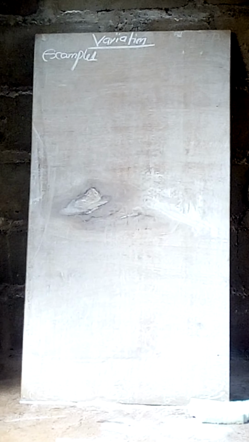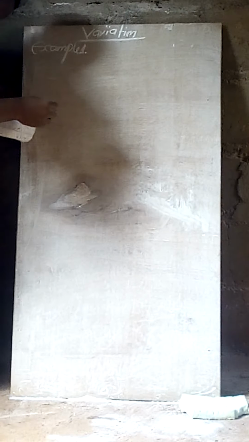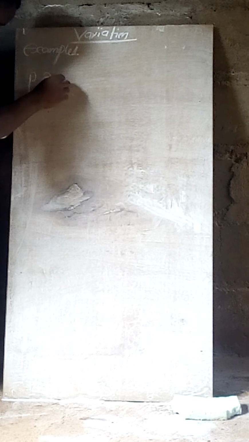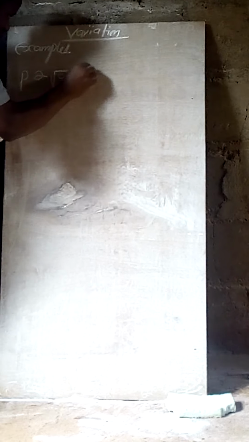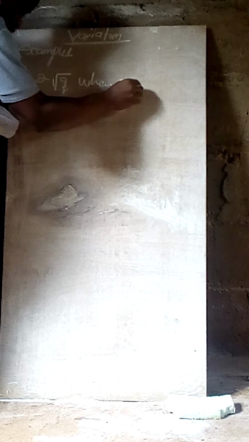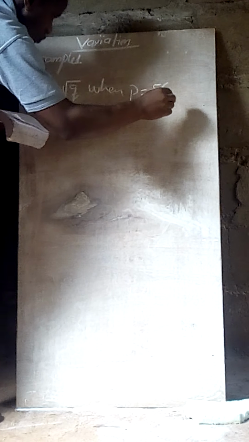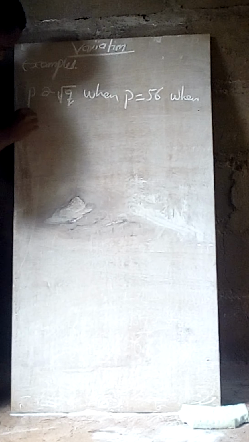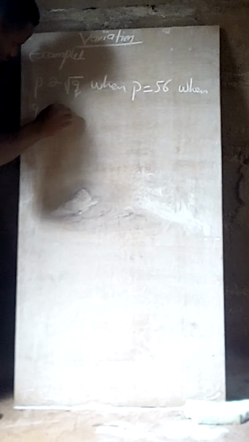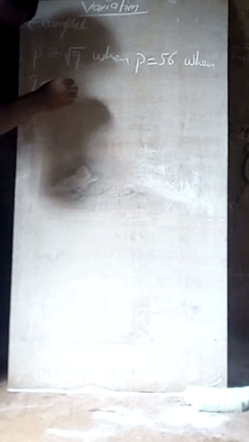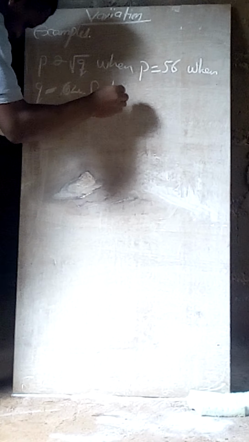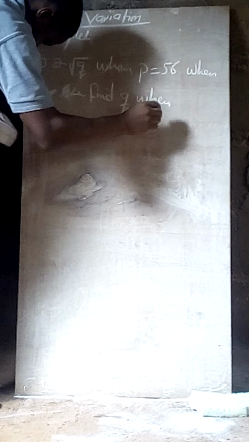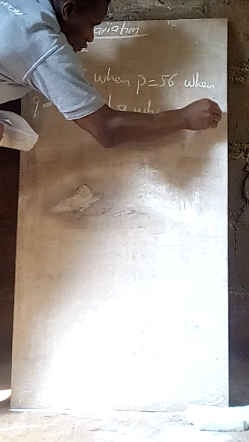P varies as the cube root of Q. Find P when P equals 56 when Q equals 64. Find Q when P equals 42.